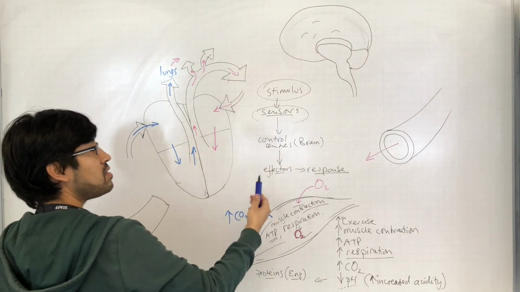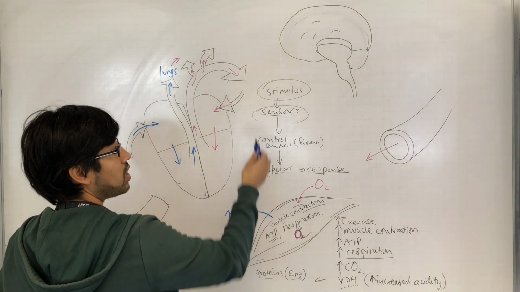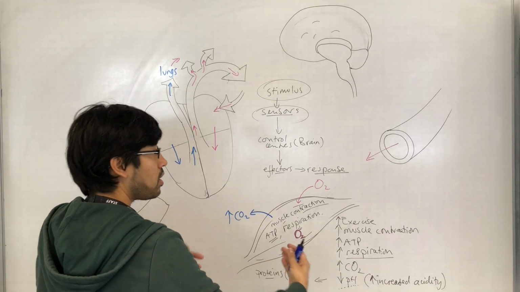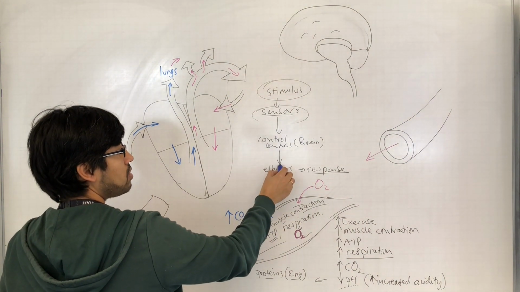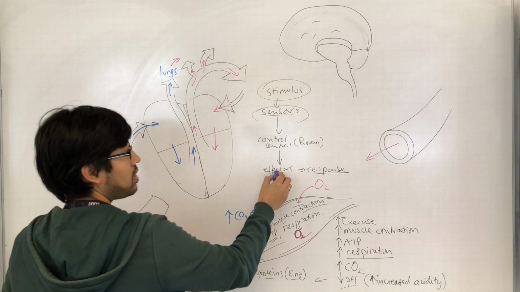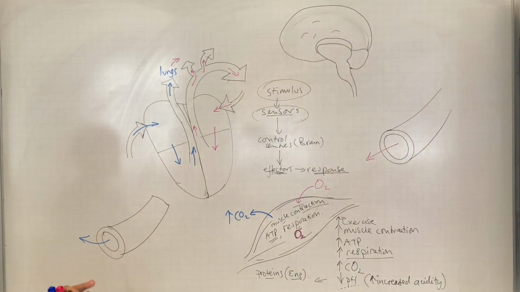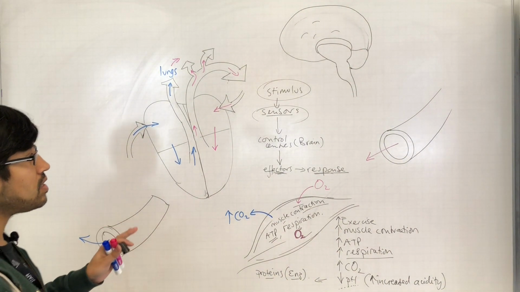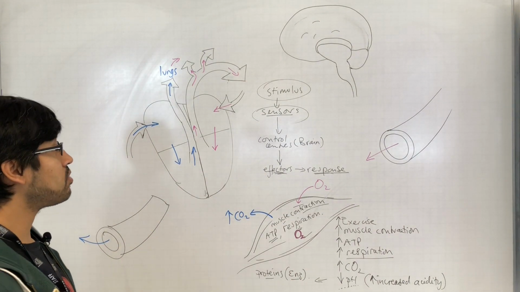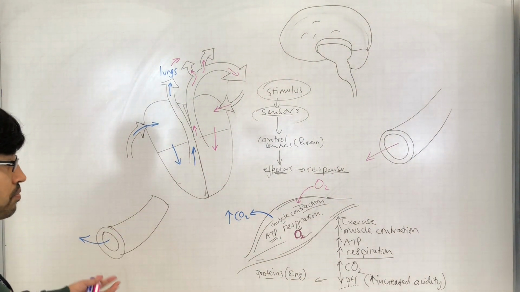The sensors relay messages to the control center. The control center then relays messages appropriately, so according to the information that it received, it will send accordingly to the right place in the body, to the right effectors. It will stimulate those, and when those effectors are stimulated, a response will be made. Now this is the key central idea, and the regulation of the heart in response to exercise is nothing different than that simple idea. So let's look at how that plays out.